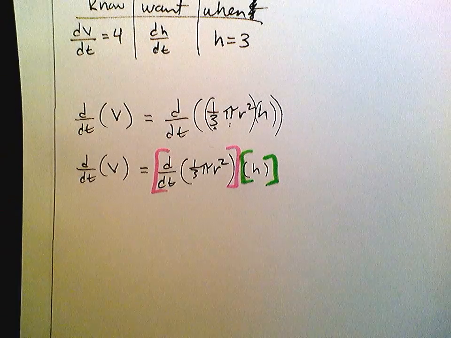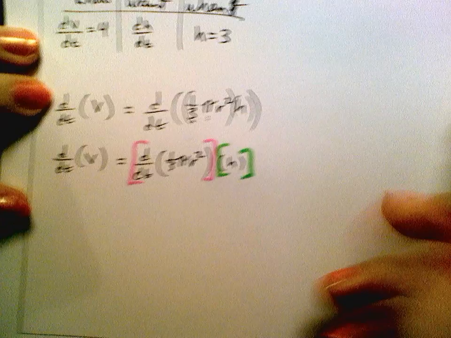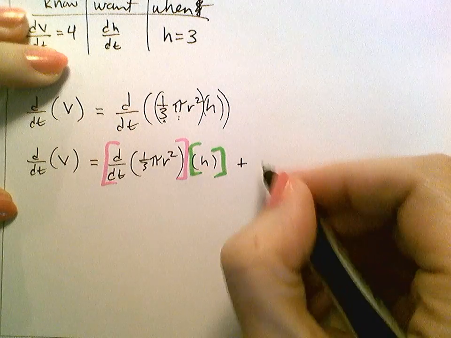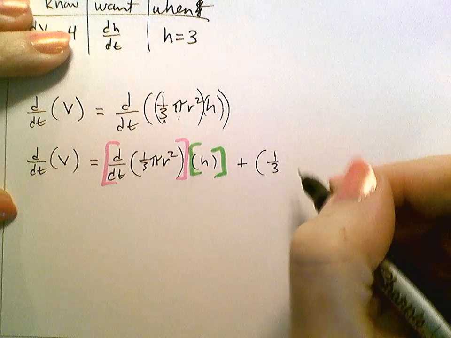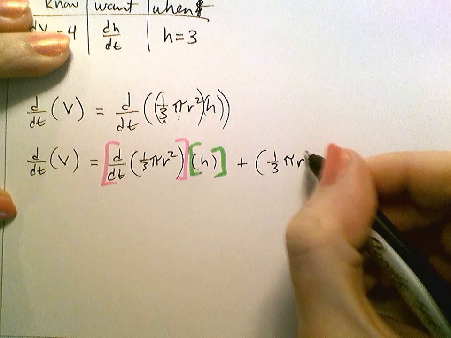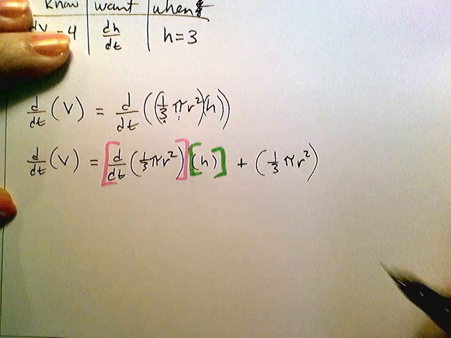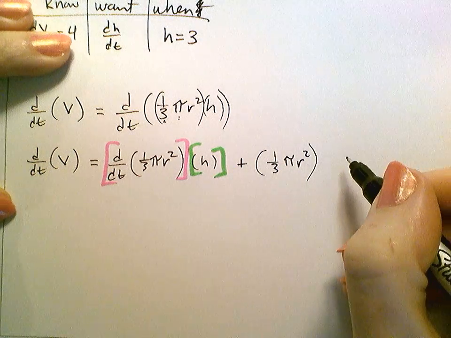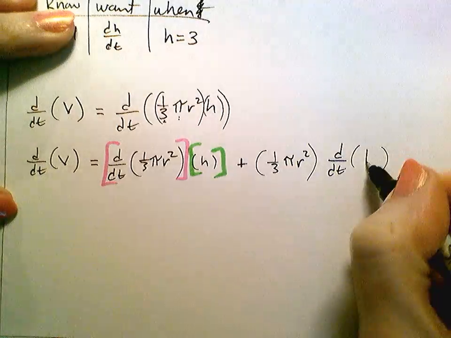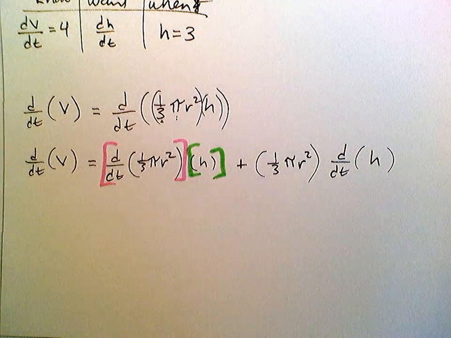And then plus, now the first function just comes down, 1/3 pi r squared. And then the derivative of that one comes down.